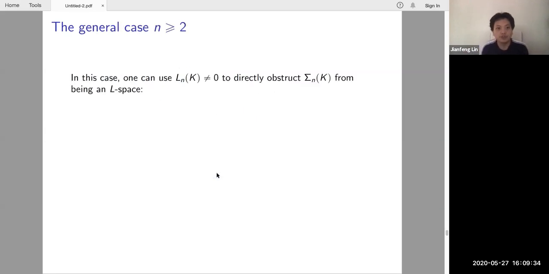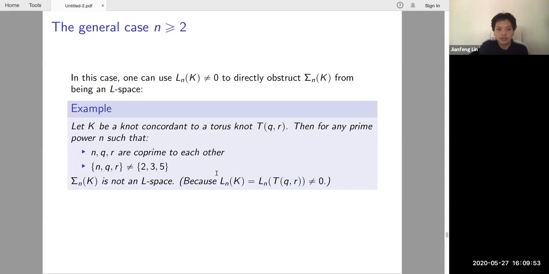Let's move on to the general case, n greater than or equal to 2. In this case, the most natural thing to do is to say that if LNK is non-zero, then that gives a direct obstruction to the branched cover being an L-space. This actually works, and let me give an interesting example. Let K be a knot which is smoothly concordant to a torus knot T(p,q,r).